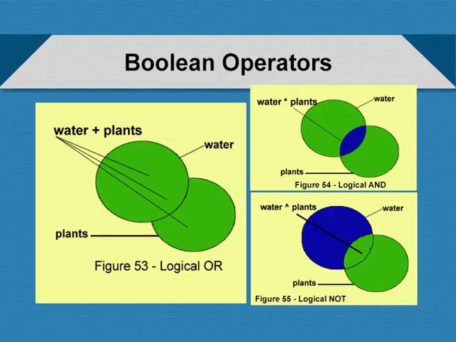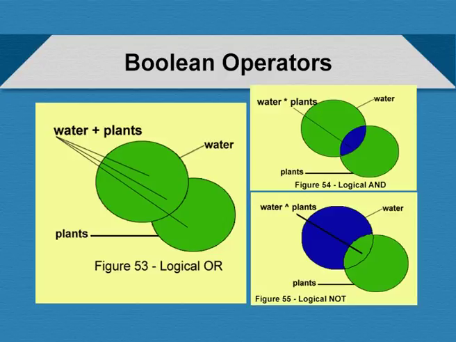Suppose this first circle represents the population of records with the term water, and the second circle, say for example, represents the records with the term plants. So, if you give water or plants, it will take the first set, it will take the cross section, that is the documents where water and plant both are available, and it will also take the third set.